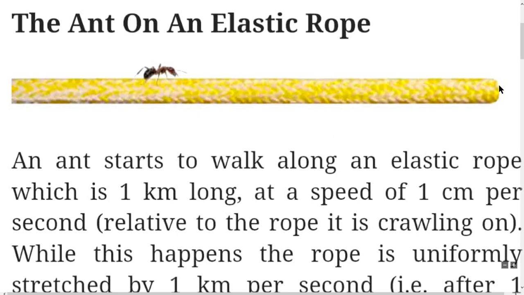So this end is moving with a velocity of 1 kilometer per second. The question is, will the ant reach this free end, and if it reaches, after how much time?